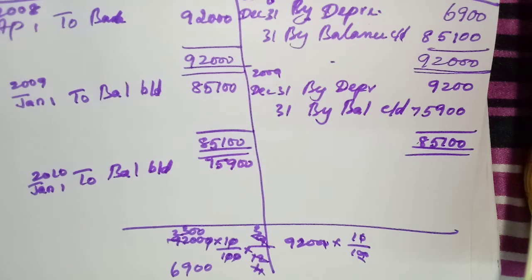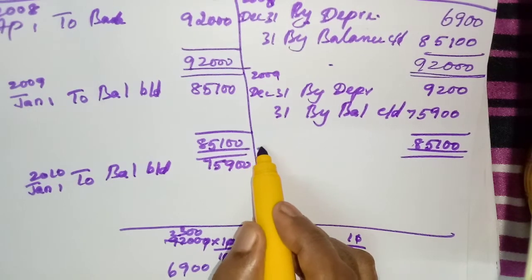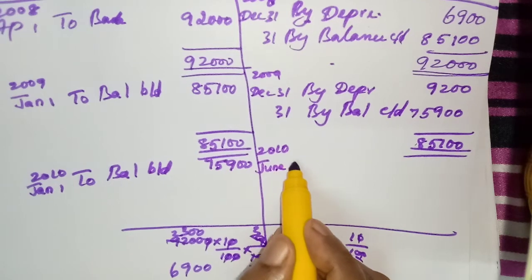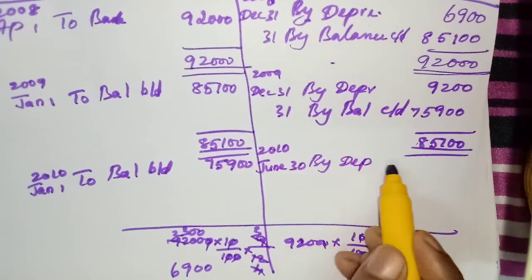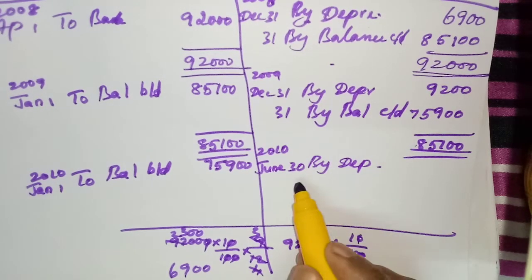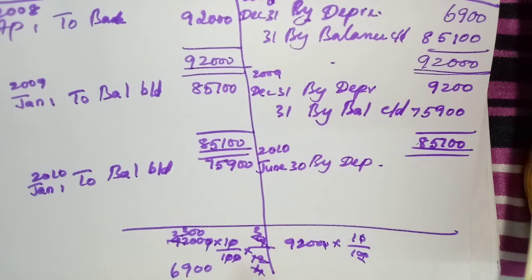Now on 30th June the worn out machinery was sold, so we need to calculate up to June only. June 30, by depreciation. For how many months? 6 months only. Up to June 30 only we need to calculate the depreciation.